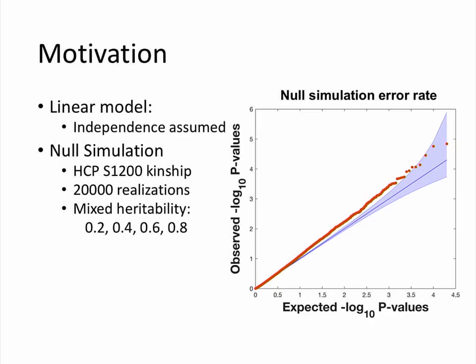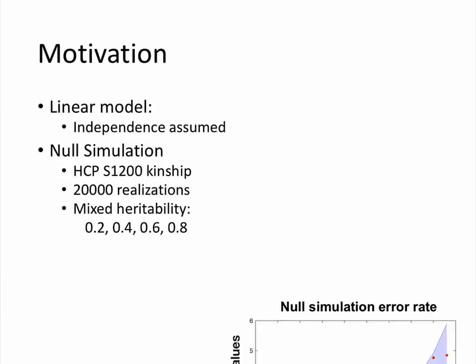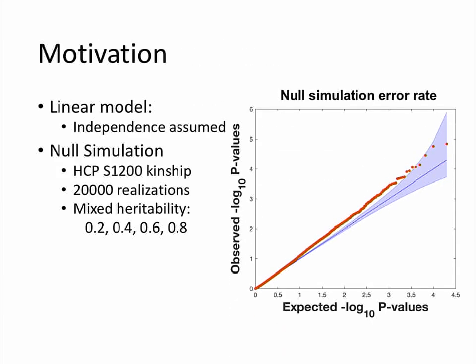What you are seeing here is that these shaded areas are the lower and upper bounds for the confidence intervals, and the red dots are the observed minus log 10 p-values. If the assumption is valid, if the model works perfectly, we would expect to see these p-values, these red lines, lie on the shaded area, which is clearly not happening, indicating an inflated false positive rate.